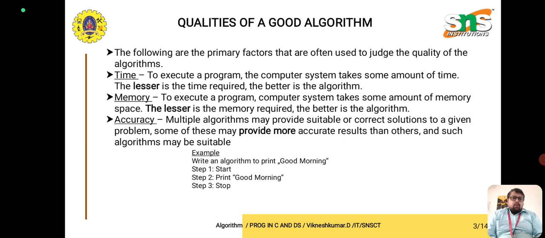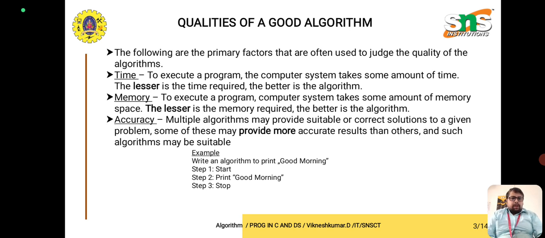Next we'll see the qualities of a good algorithm. Normally the parameters for qualities consist of time, memory and accuracy. When we write an algorithm, it should be converted into a program. To execute this program, it should take a minimum amount of time. Next is memory: it should take very little memory.